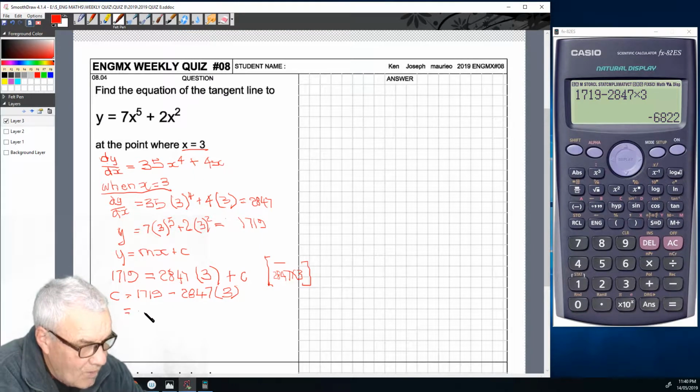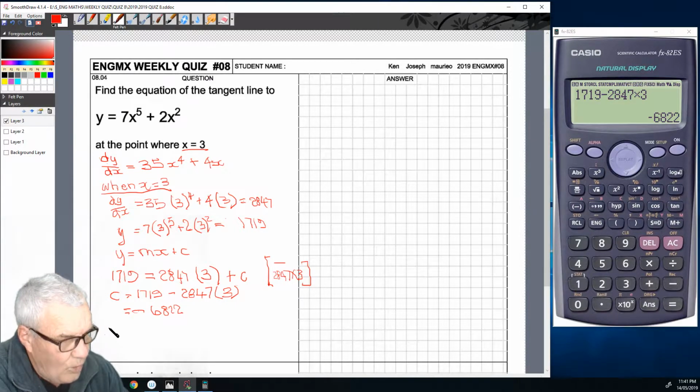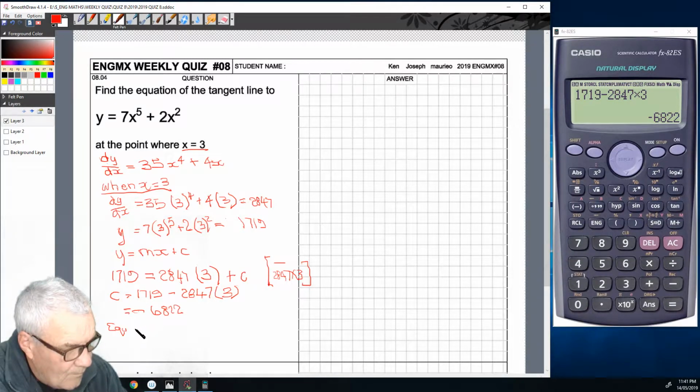So to just put the pen back in here. Okay. Negative 6822. And so the equation of the graph is y equals 2847x minus 6822.